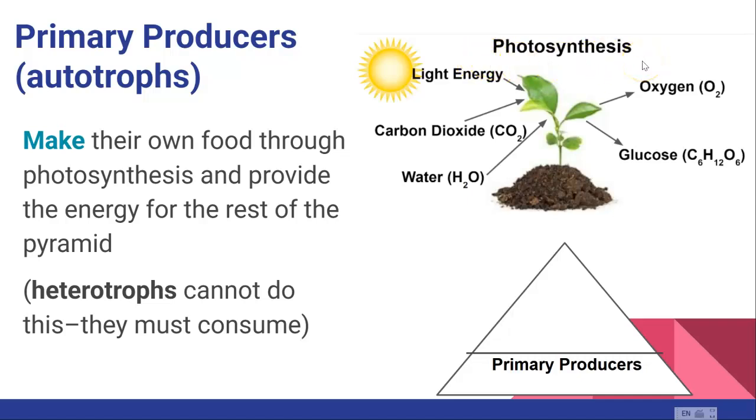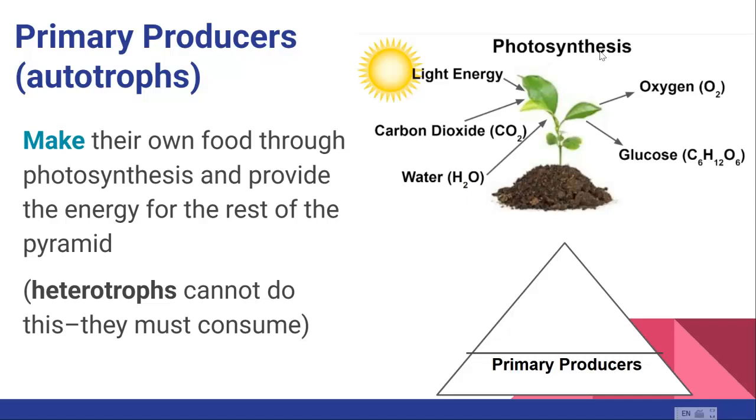One byproduct of this process is oxygen that is released as a gas. The glucose actually stays in the plant. That's really important to know because that's what gets eaten later on. Water is taken up through the roots and is also released as water vapor, transpiration.